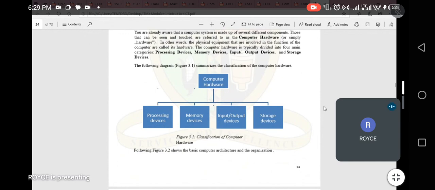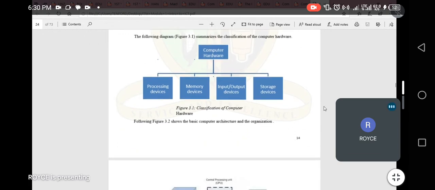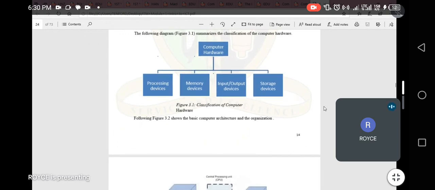We said computer hardware is divided into four main parts: processing devices, memory devices, input and output devices, and storage devices. Make sure that we are familiar with this diagram, which classifies computer hardware.